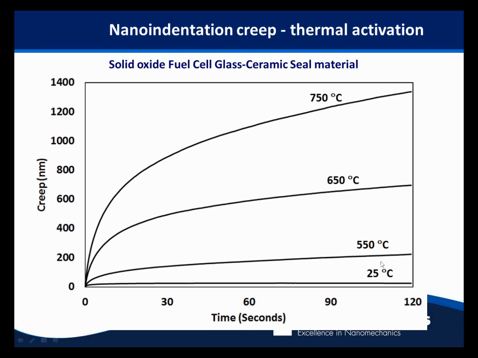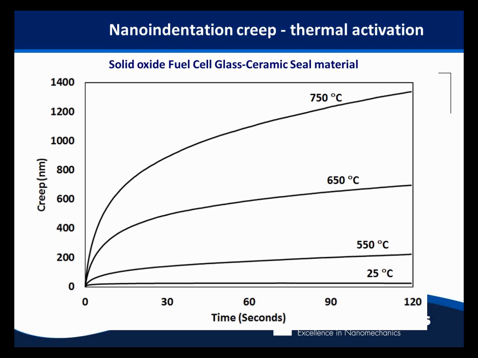You can see here at room temperature, at 25 degrees, there's very little time-dependent deformation. As we heat up to 550 degrees Celsius, we're starting to get some thermally activated creep processes, and then as we increase 100 degrees more, 200 degrees more, now we're getting a dramatic increase in creep. So this is the sort of information you can access now with high temperature indentation testing.